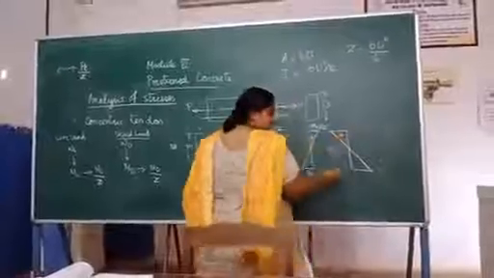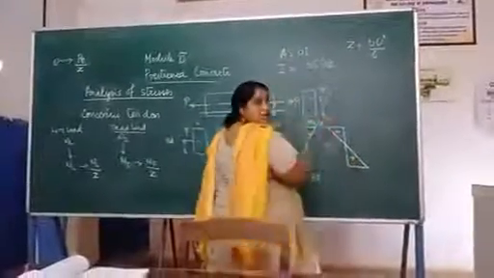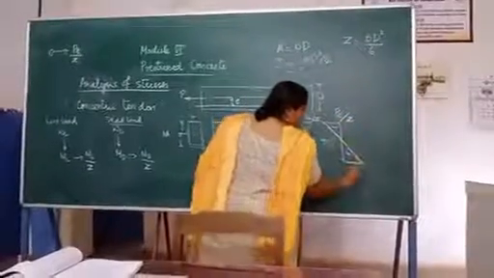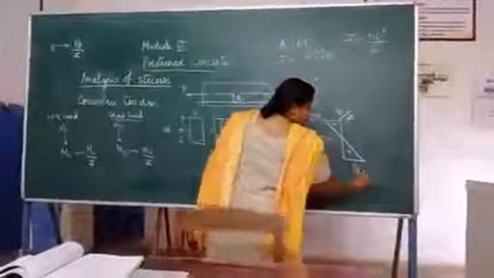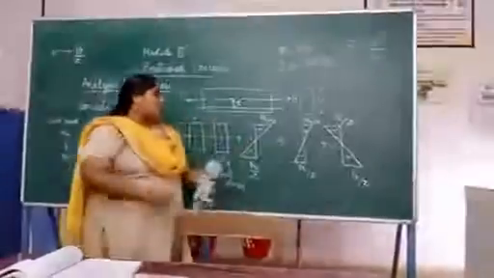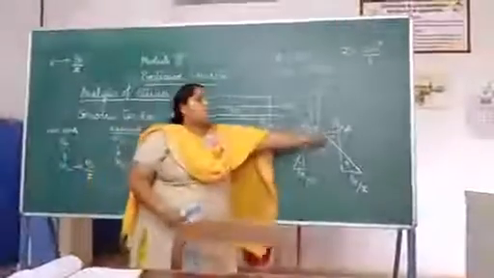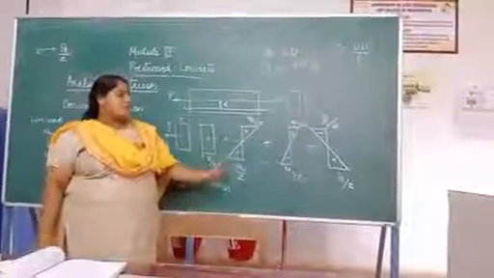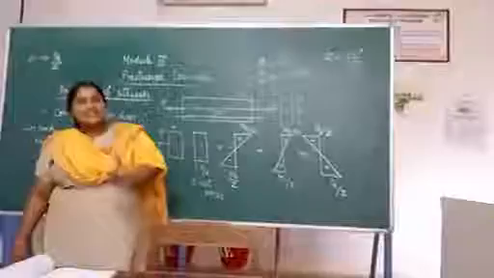This will be tensile and this will be compression. This is P into E divided by Z. For the resultant stress, you have to add these four stresses. This is the case of an eccentric tendon.